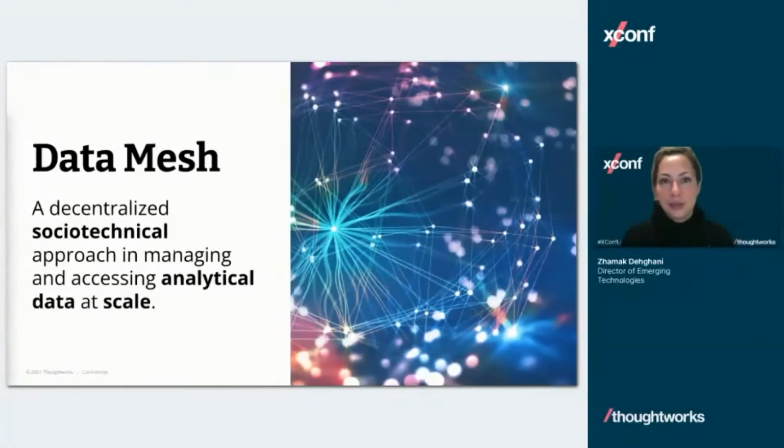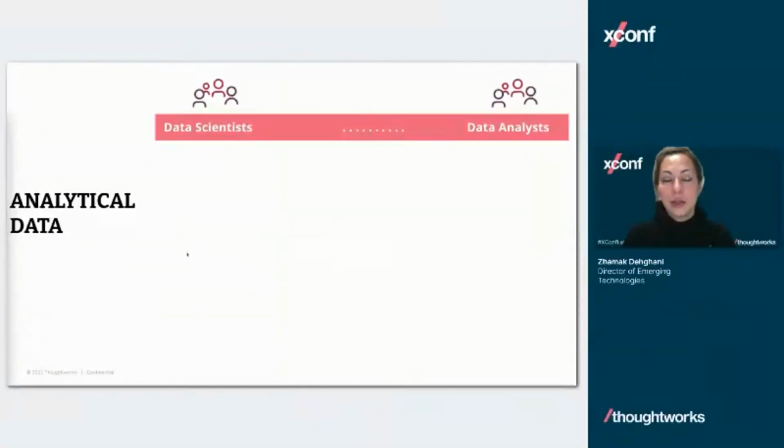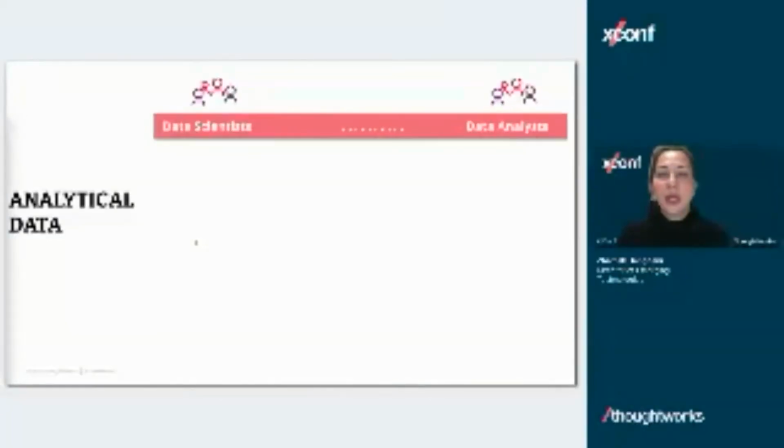I also have another word there, analytical data, and also scale. So what does analytical data mean? Well, it's data that serves the data scientists, the data analysts, and all of the roles in between that are busy building machine learning models.